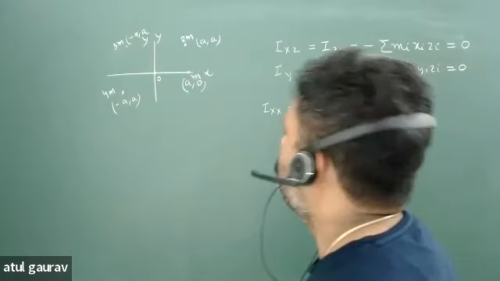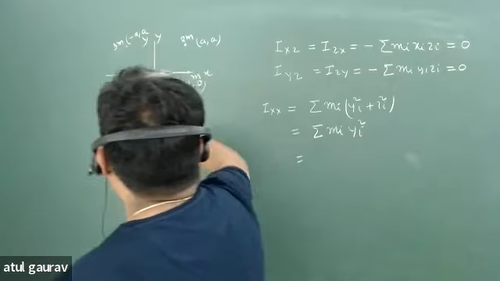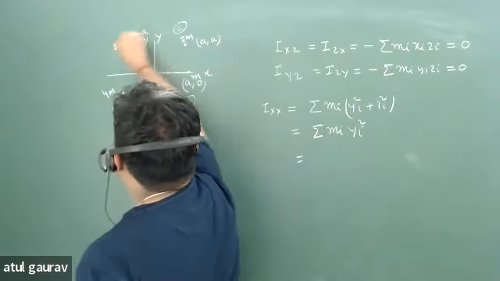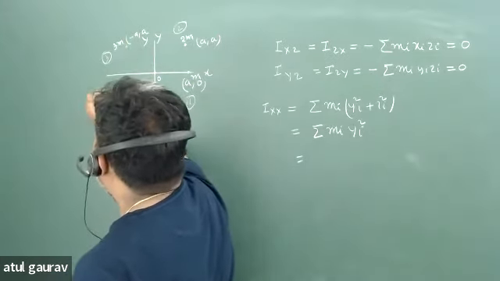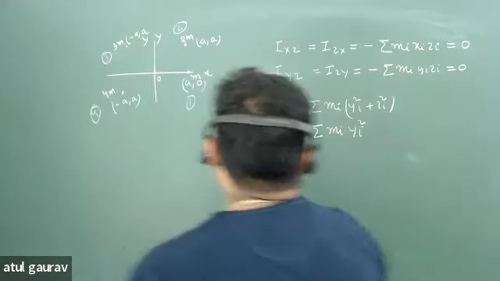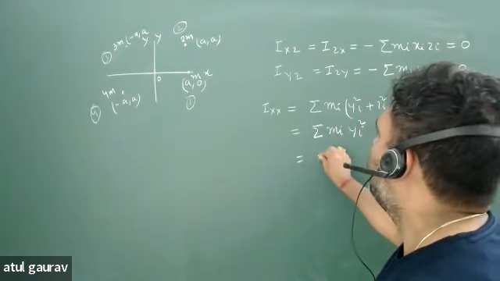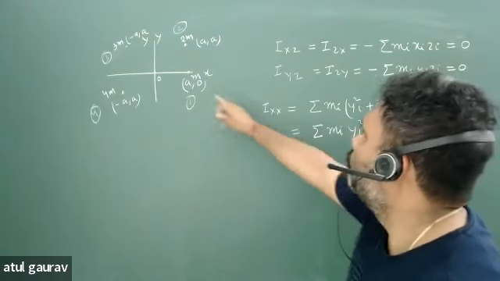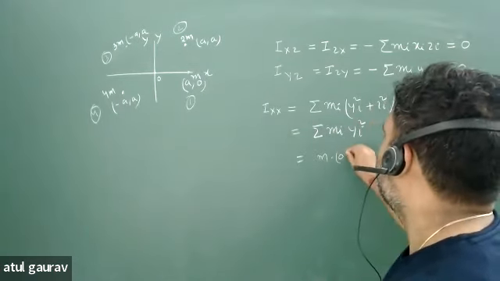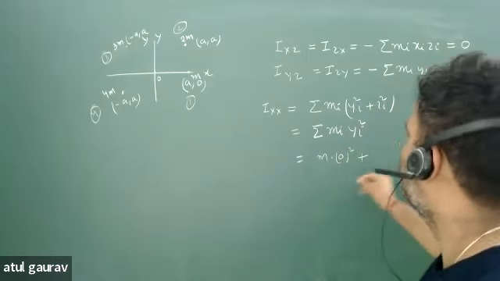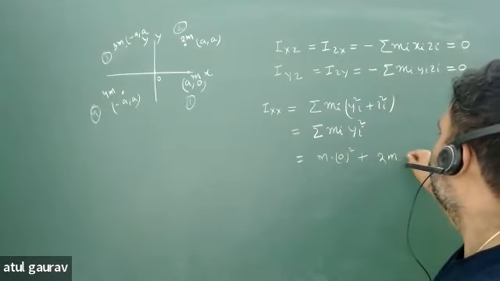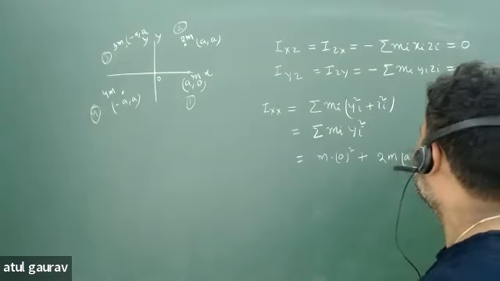So what will be the value? This one is my first, this one is my second, this one is my third particle, and this one is my fourth particle. The first one is m1, with value m and y equal to 0 square.